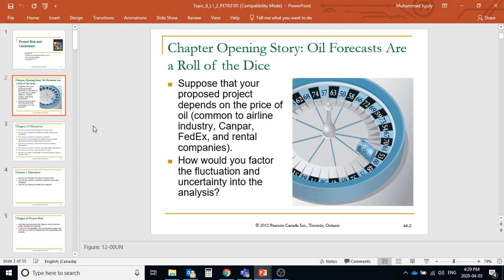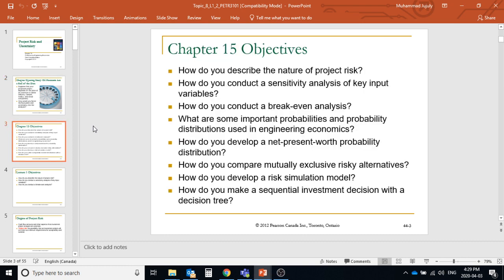Since the oil price is down right now, what are the consequences for the different industries, how can we do the uncertainty analysis, and what are the factors that fluctuate this uncertainty? These are the things we can learn.